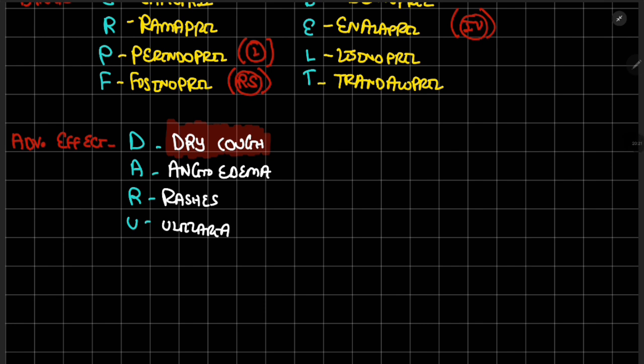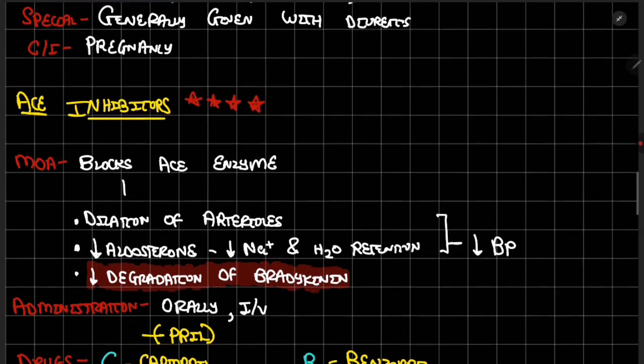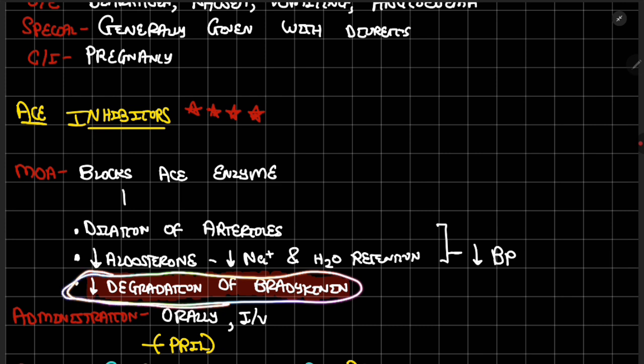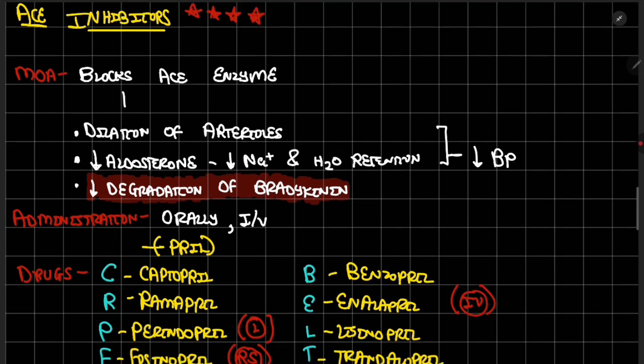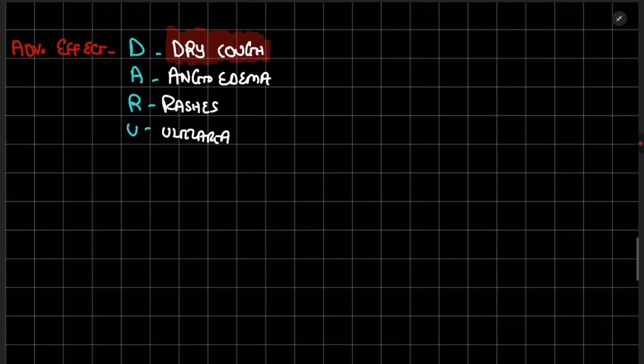So why did I highlight this? What is this dry cough? Remember earlier I said the mechanism of action also includes reduced degradation of bradykinin due to ACE inhibitors. Since the levels of bradykinin are increased in the body, what does bradykinin do?